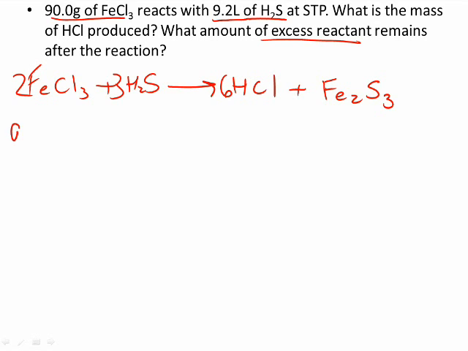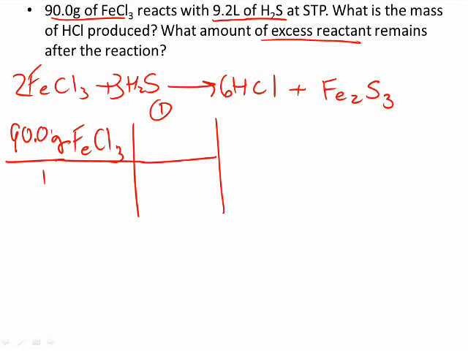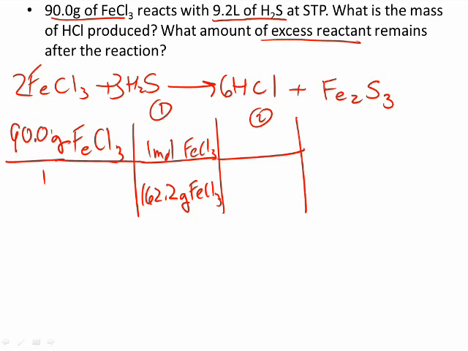Let's start with 90 grams of iron chloride. Step 1, find the moles. In 1 mole of iron chloride, we have 162.2 grams of iron chloride. And then we have to go to the mole ratio. From the equation, we have 2 moles of iron chloride, and the thing we want to find out is how much HCl is produced, and that is 6 moles of HCl.